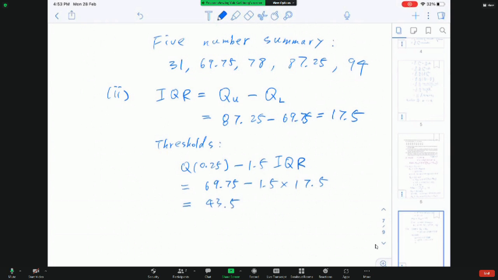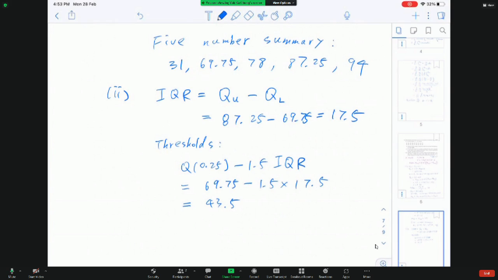The meaning of this is that we use the interquartile range to take a distance which is already far from the lower quartile, 1.5 times the interquartile range lower than the lower quartile. If you have an observation even lower than this threshold, that will be a suspected outlier. So any number smaller than this will be regarded as an outlier.